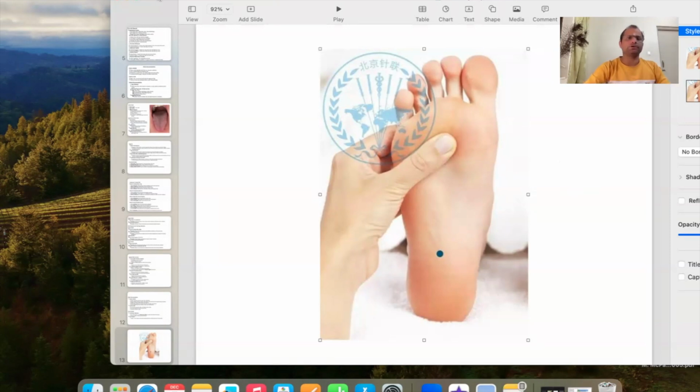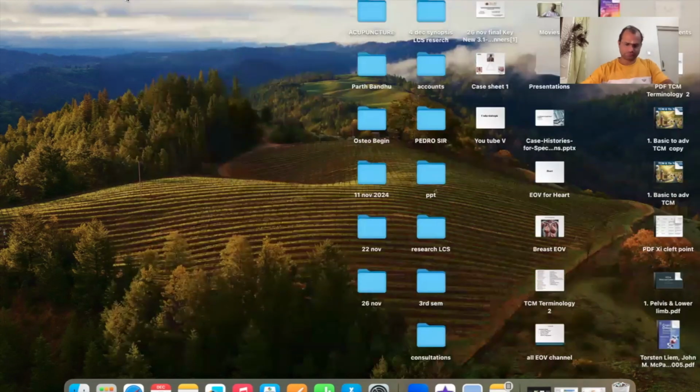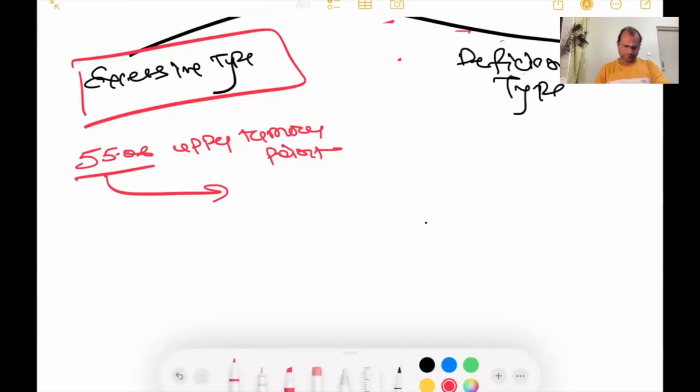The second point, as per the master, in the excessive type of epilepsy, is 77.08 and 77.09. They are called four flower points.